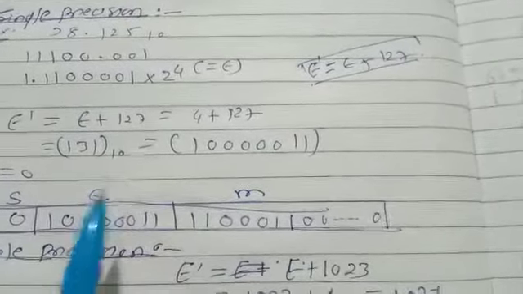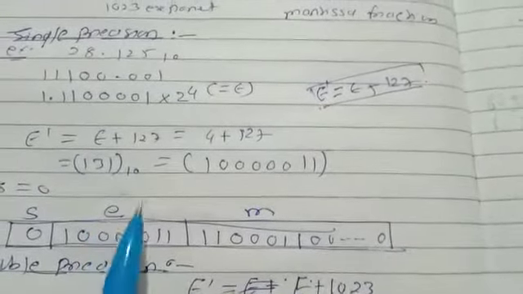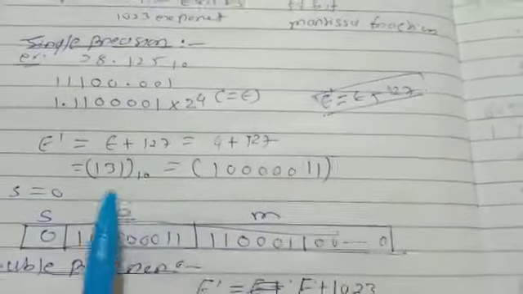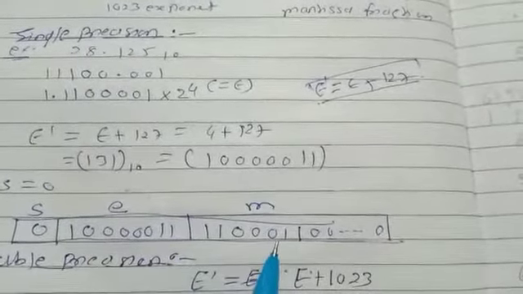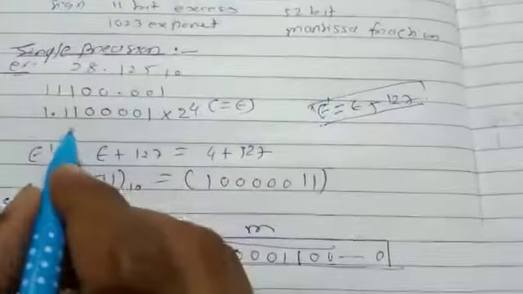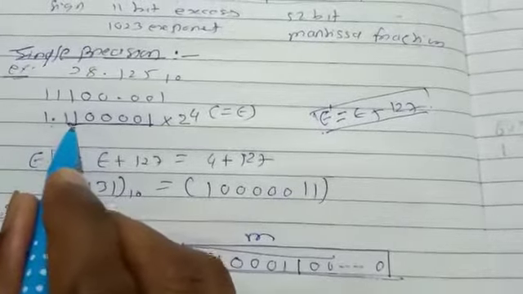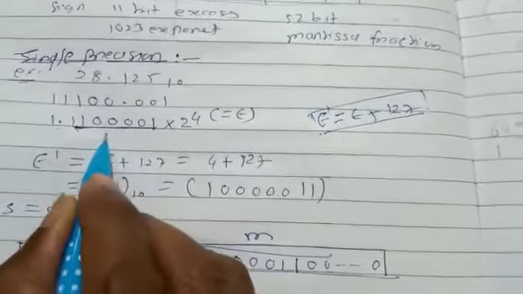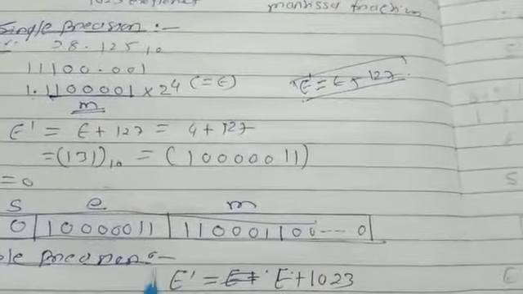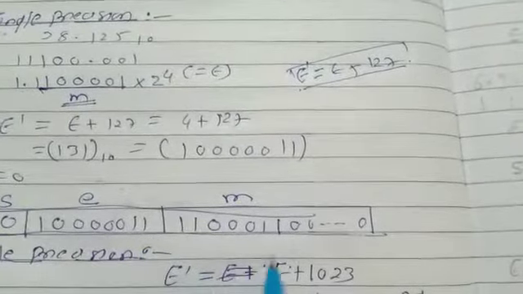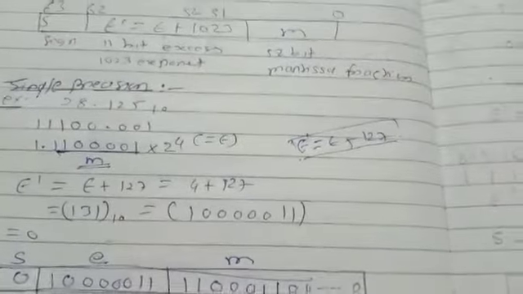After that, how do we get the e value? We get it this way: 10000011. Next, how do we get the mantissa? To calculate the mantissa, we always take what comes after the 1 point, which is 11000. That is your mantissa. But the mantissa should always be how many bits?